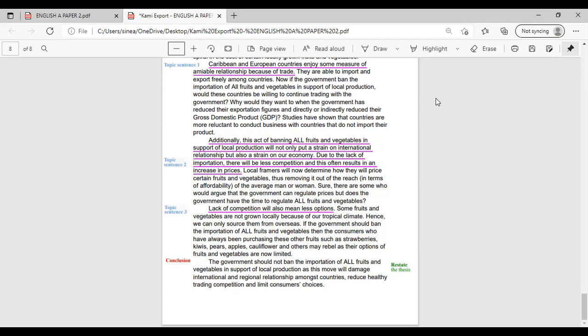The government should not ban the importation of all fruits and vegetables in support of local production, as this move will damage international and regional relationship amongst countries, reduce healthy trading competition, and limit consumers' choices.